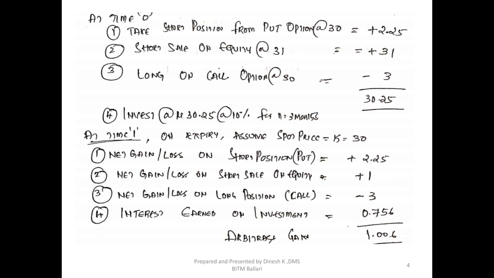Then I will take a long on a call, for which I need to pay the premium for a strike price of 30, that is 3 rupees I need to pay. So what is left over for me here is 30.25, the fund left over by taking these actions. If I take 31 plus 2.25 minus 3, I will be getting 30.25. Okay, 30.25 is the leftover fund.